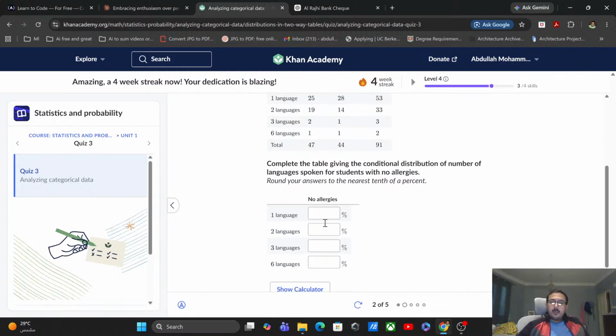Complete the table giving the conditional distribution of number of languages spoken for students with no allergies.